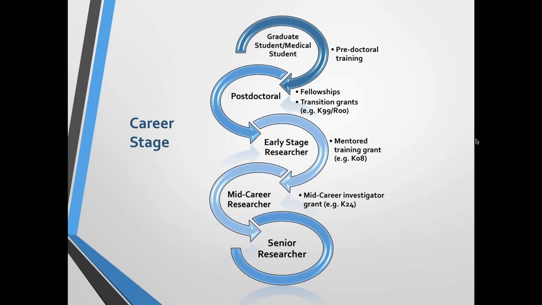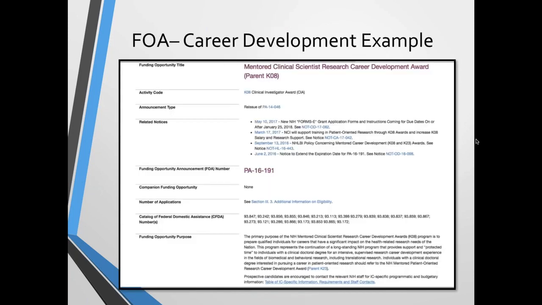So basically, for the career stage, if you think about it this way, you have the graduate student or medical student, then the kinds of training you want to look for: pre-doctoral training. Postdoctoral level, you'll be looking for fellowships or transition grants, such as what we call the K99R00. Sometimes you may hear it referred to as the Kangaroo Award.